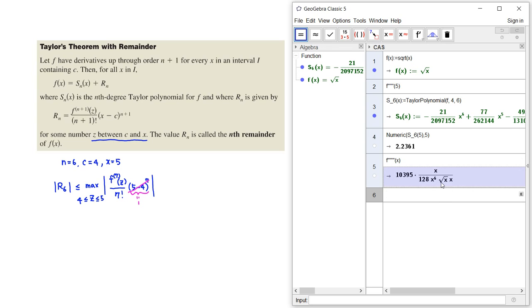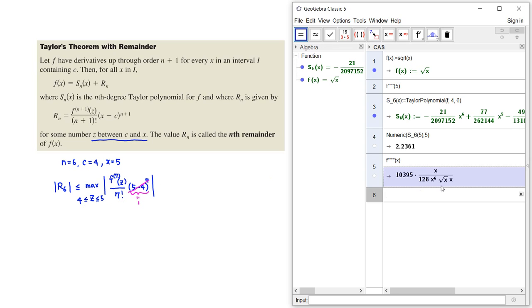Alright, so it looks a little bit weird because it doesn't cancel x's here. But I'm going to go ahead and cancel x's, and you notice that x is going to be sitting on the bottom. Alright, so we're looking for the largest possible value we can get out of this expression. Alright, so z is between 4 and 5.